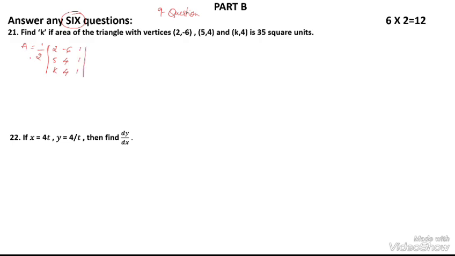Now, what is the area? 35 square units. 1 by 2, taking 2 here, then I will take directly. First I will expand along the first column. That is 2 into 4 into 1, 4 ones are 4. Minus 5. I will solve along the first column.